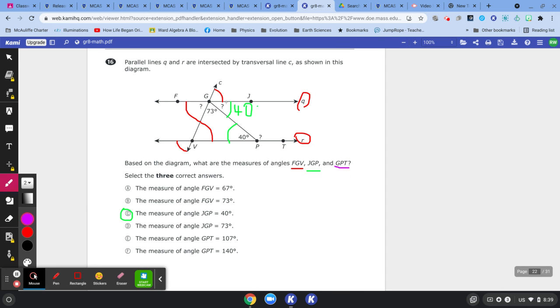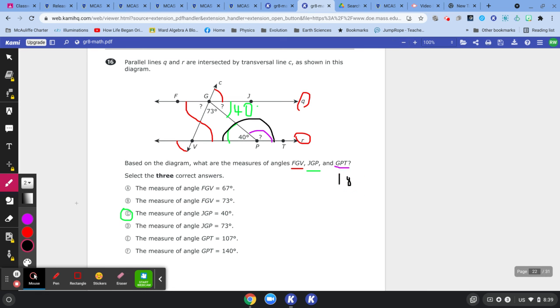So we're trying to find GPT, which is this one. This right here makes 180 degrees. So from here to here is 180 degrees, which means 40 plus GPT has to be 180 degrees.